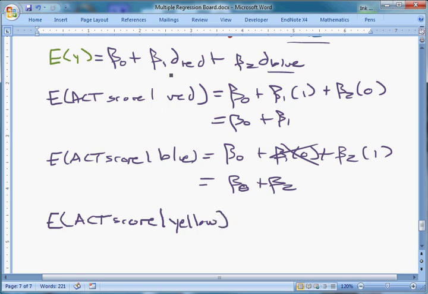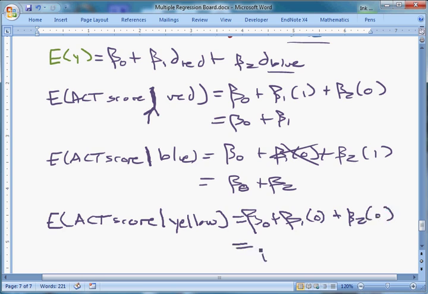Sorry if I didn't mention this: this little thing here, the vertical pipe, is a typographical symbol. It's just a vertical bar, and it means given that. I may have used that in the past. If you haven't seen any videos with me, you may not have known that. So if yellow is your favorite color, then the regression equation we're estimating is beta 0 plus beta 1 times 0 plus beta 2 times 0, which is just equal to beta 0.